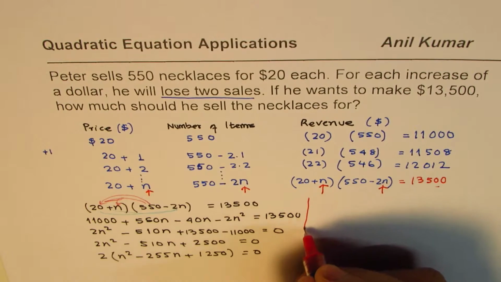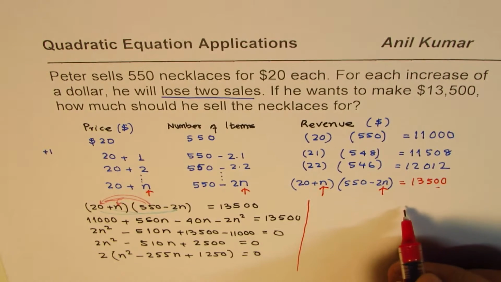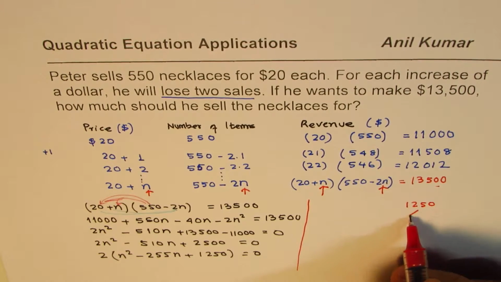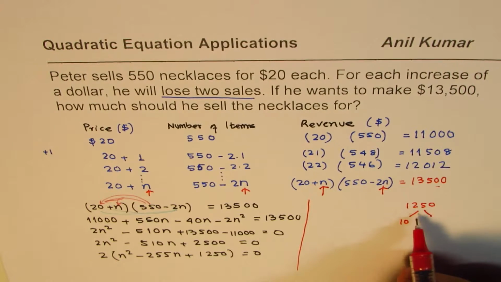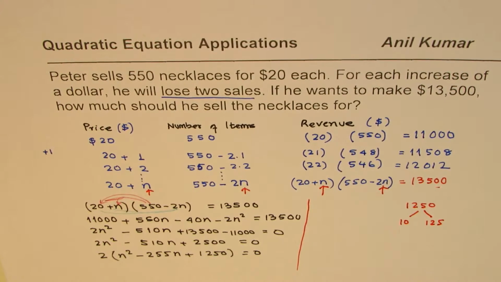At times it becomes difficult to use factoring using product and sum. We could do that also. Let me show you a technique to use product and sum. We have 1,250 as a product, right? So let me write down its factors. When we divide by 10, we get 125 and 10, correct?